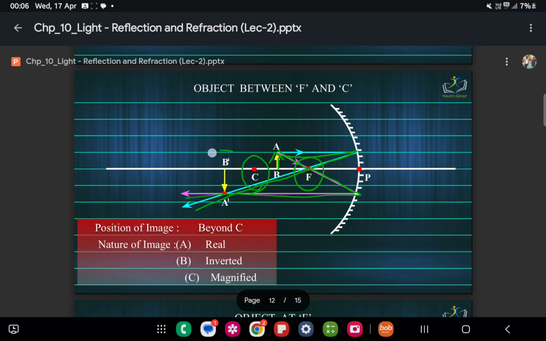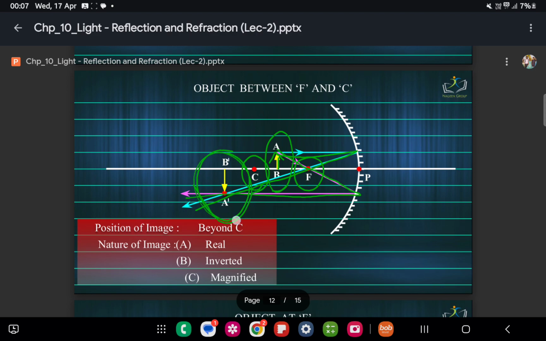You will get the image A dash B dash behind C when you keep the object AB between C and F. So it shows the image behind C, represented by A dash and B dash.